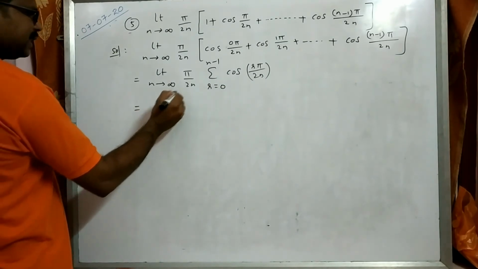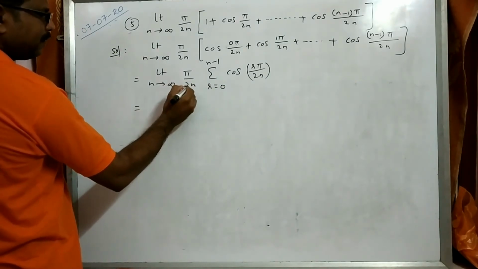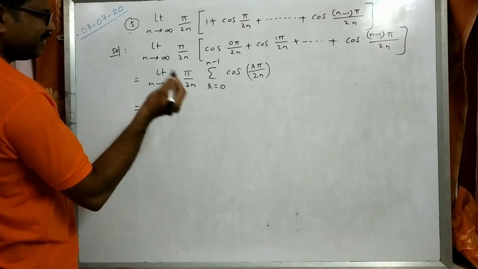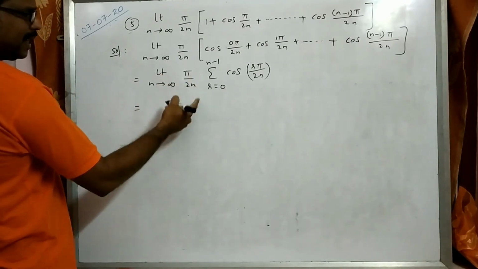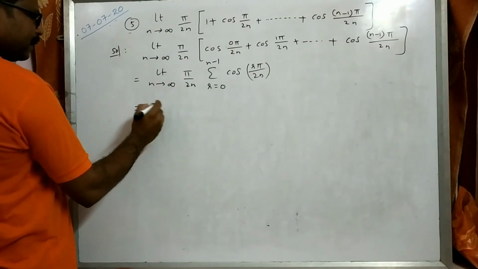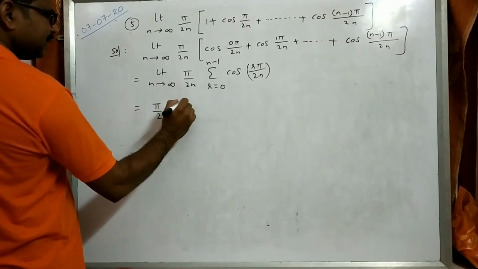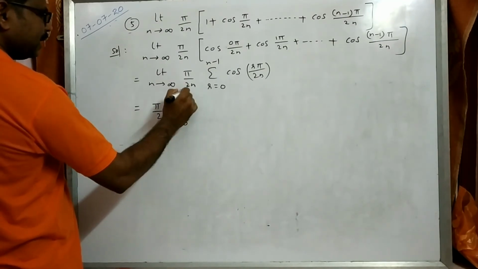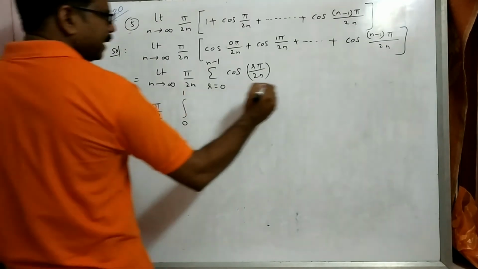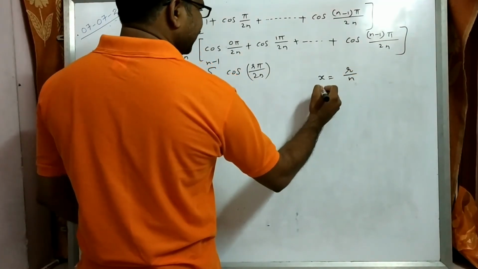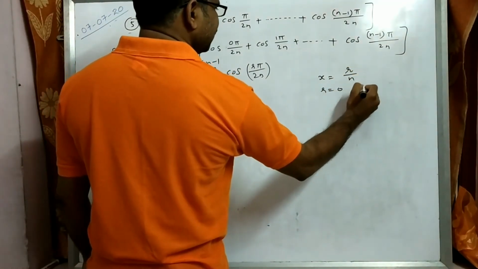So by using this, here you have 1 by n. See, always we will have 1 by n surely, because instead of 1 by n we will write dx. So 1 by n is there in pi by 2n. So pi by 2 you keep outside. This I can write as integral 0 to 1, because I am taking x equal to r by n. If r equal to 0, x will be 0.